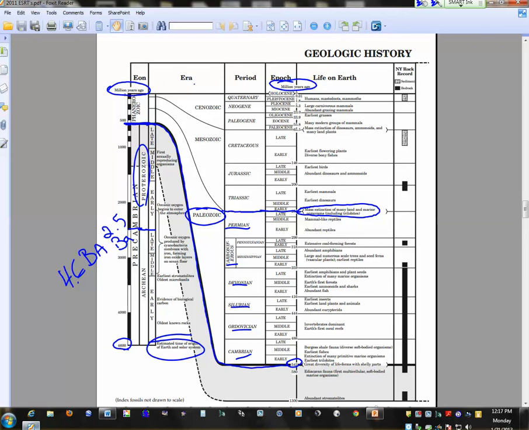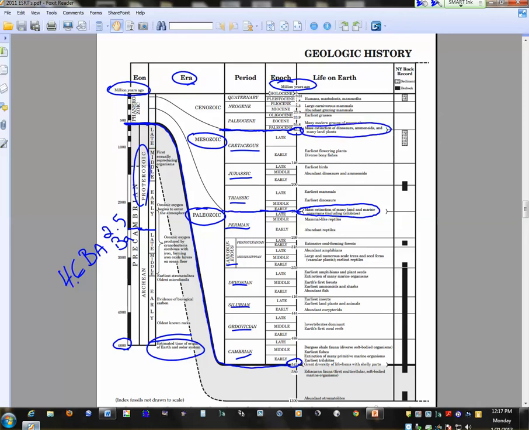Then we start a new era, the Mesozoic. We have the Triassic, the Jurassic period, the Cretaceous period. This is our dinosaur age, which ends, the Cretaceous period and the Mesozoic era end at the same time with 65.5 million years ago, the mass extinction of dinosaurs, ammonites, and many land plants.